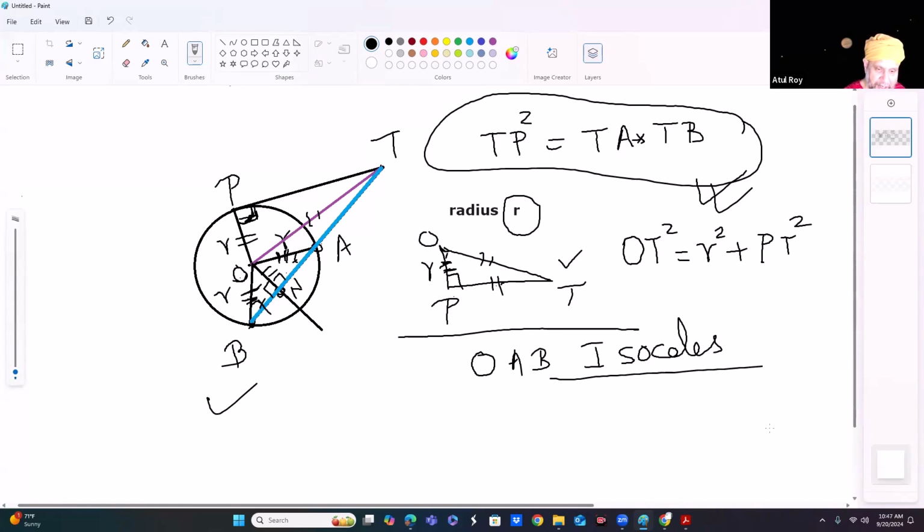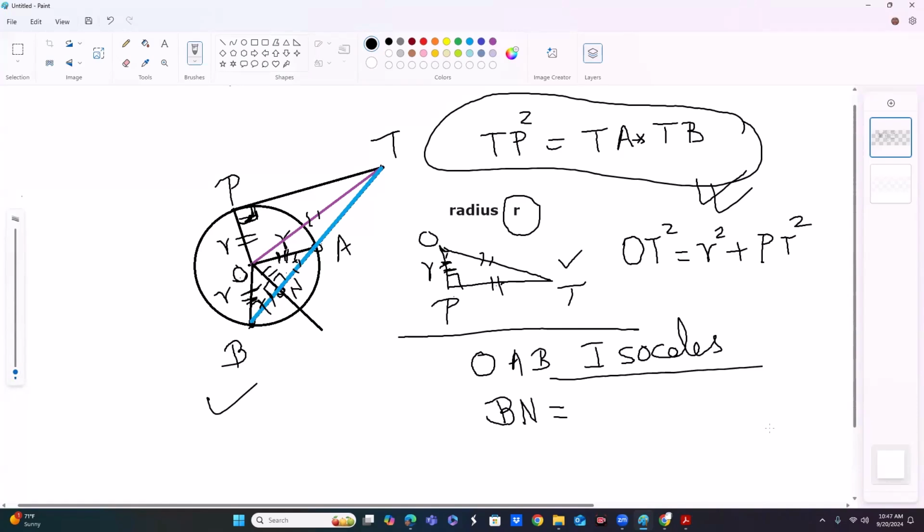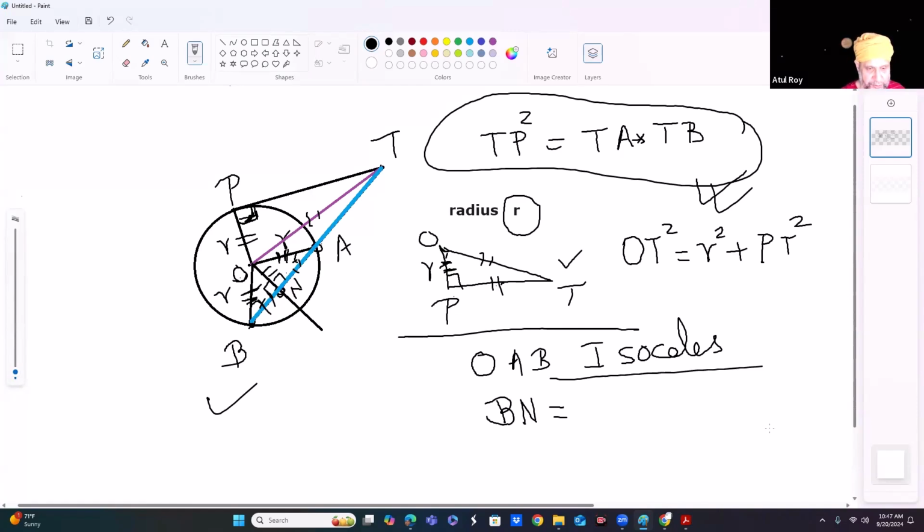So what happens now? BN equals how much? Yeah, tell me please. How much is BN? Does BN equal NA or AN?